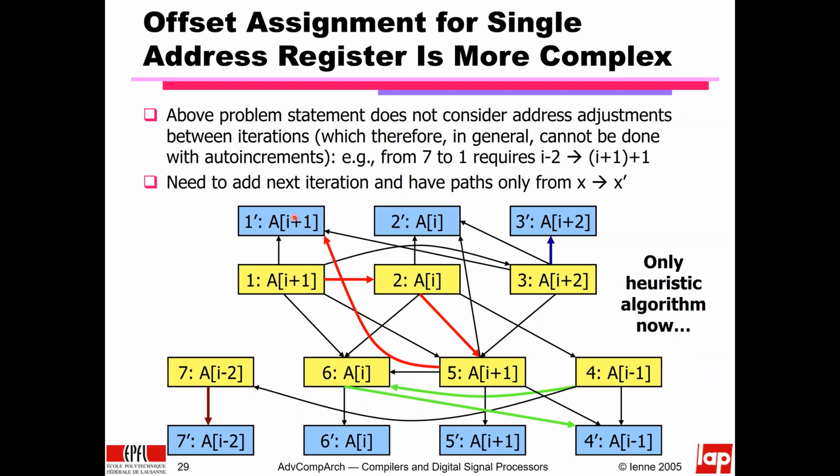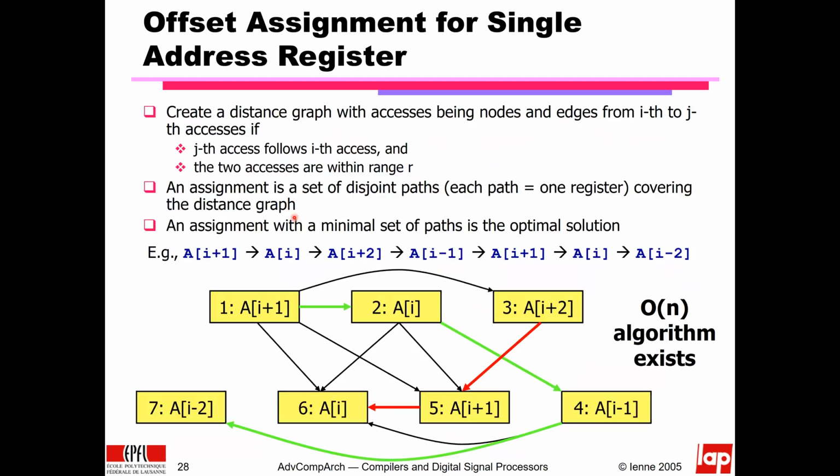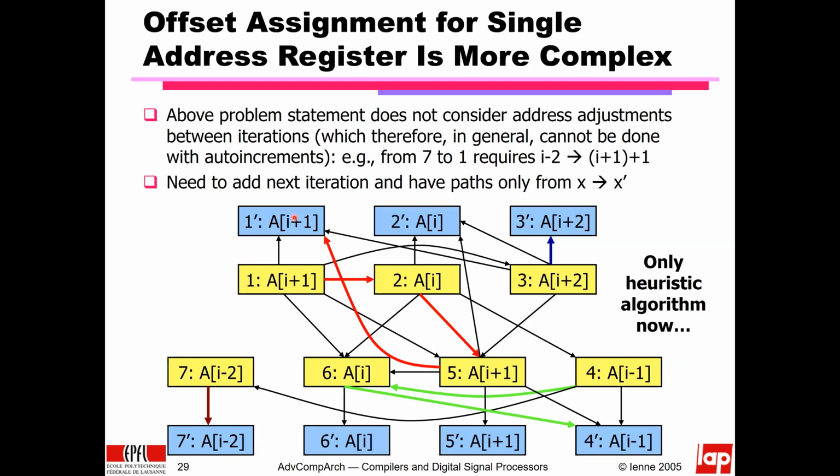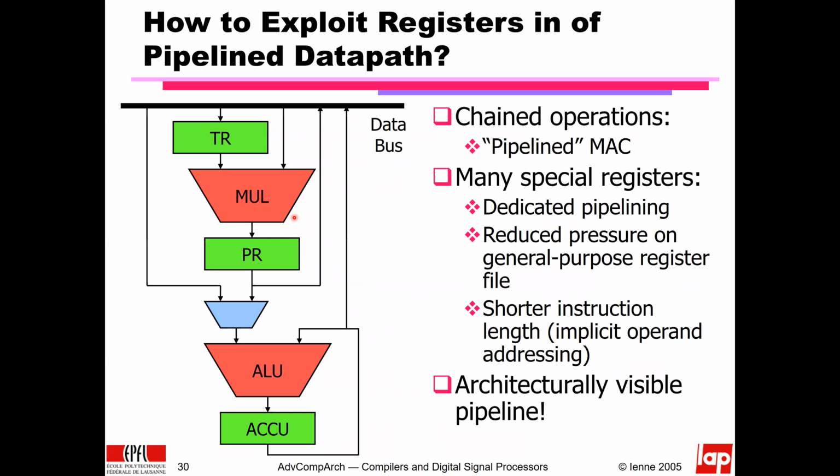So, okay, again, we can do it, except that now it's a bit more complicated than the problem that we had here. And if here there was an O(n) algorithm that maybe is not optimal, but is very efficient, now we don't have this anymore, and you have only very shaky heuristics.